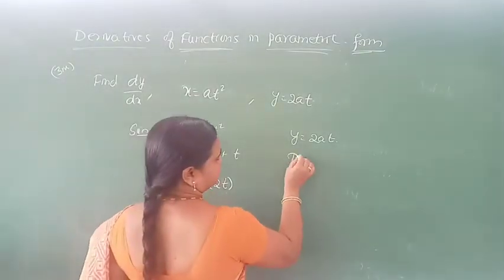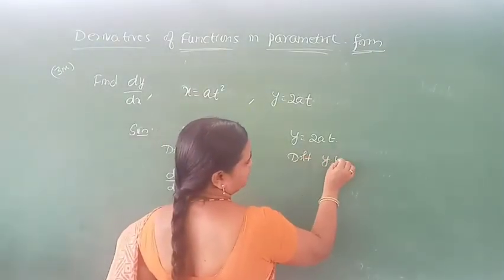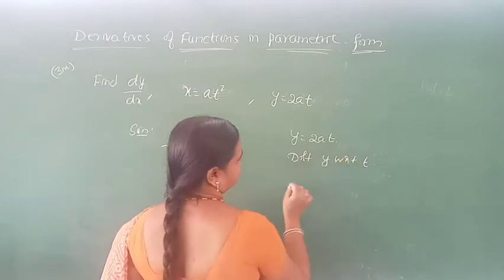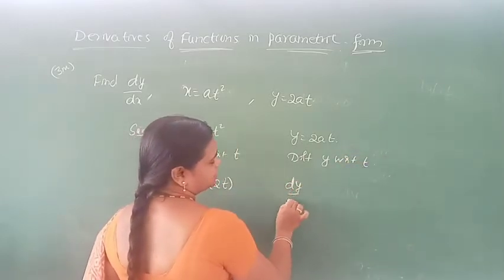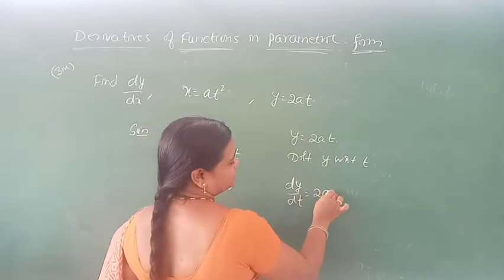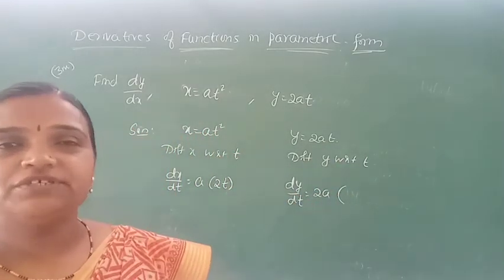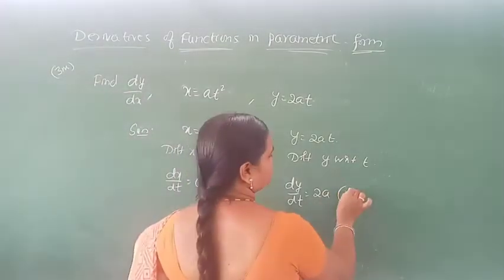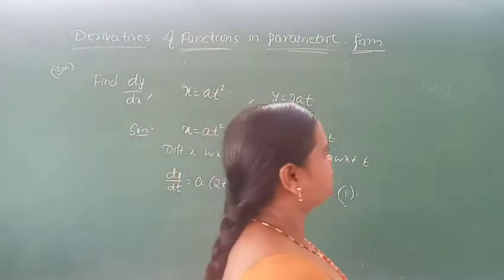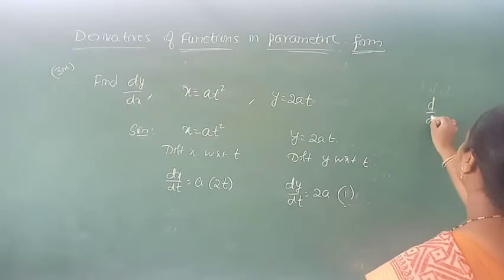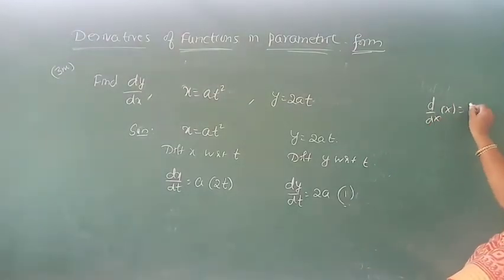Next, differentiate y with respect to t. dy by dt. 2a as it is. Differentiation of t: what is the differentiation of x? Differentiation of x is 1. Therefore, differentiation of t is 1. You understand? D by dx of x is 1.